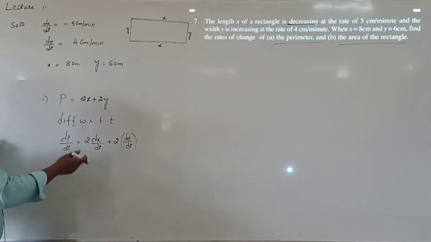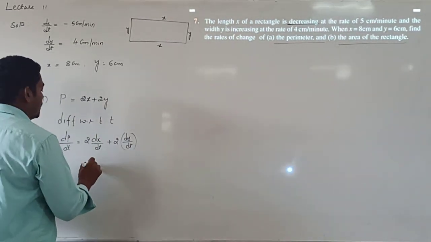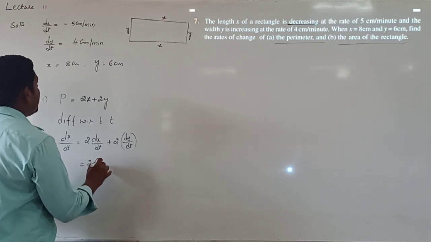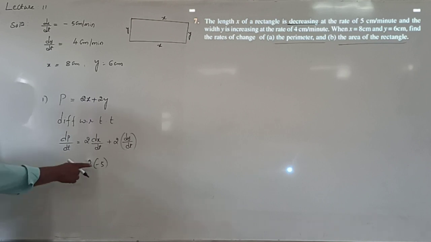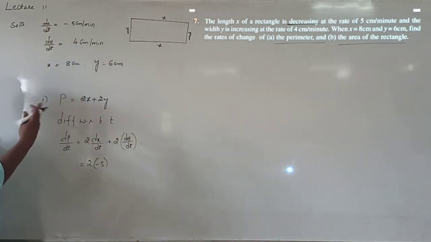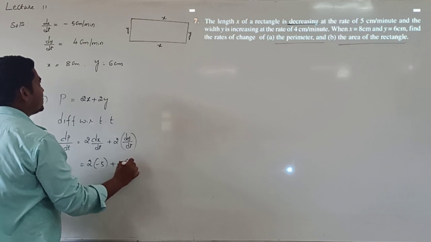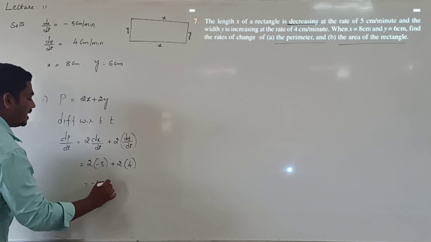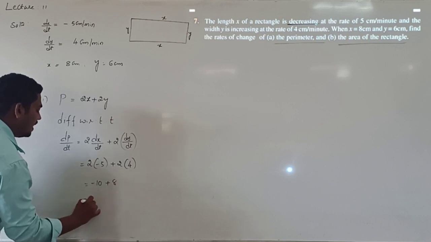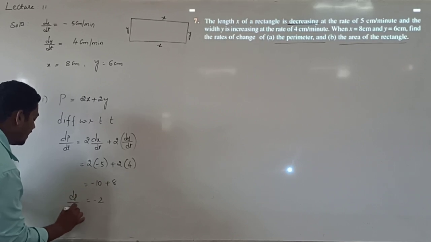After differentiating, replace dx by dt and dy by dt. Then 2 into minus 5, right? 2 times dx by dt is minus because decreasing, plus 2 into dy by dt, plus 4. Then it will be minus 10 plus 8, that is minus 2, dP divided by dt.